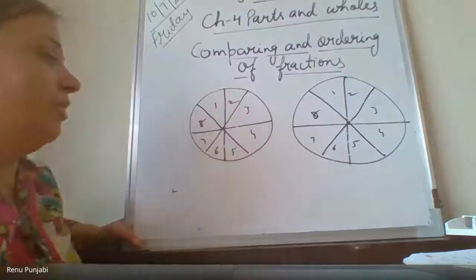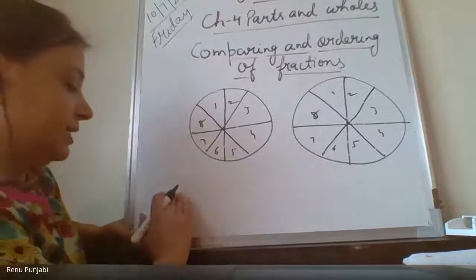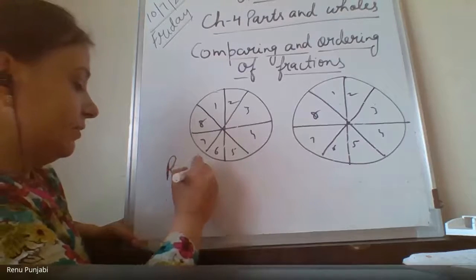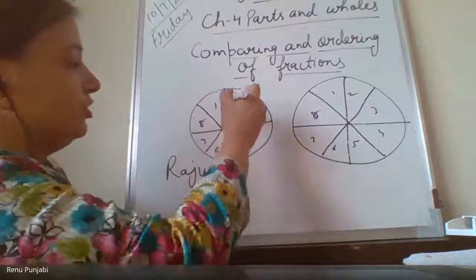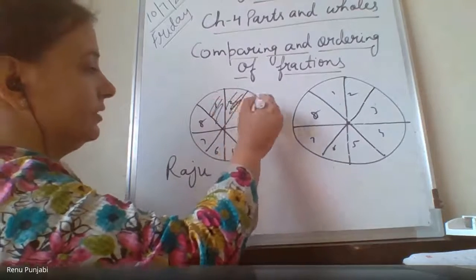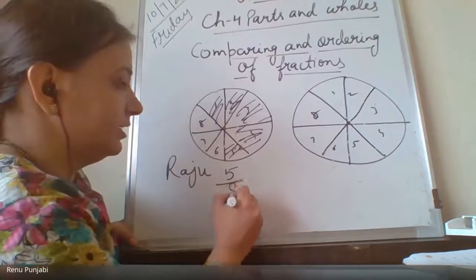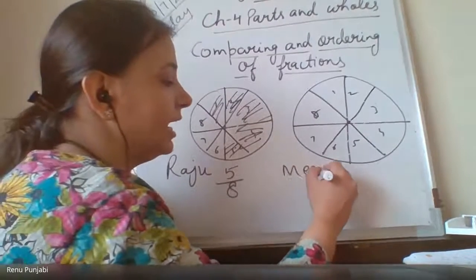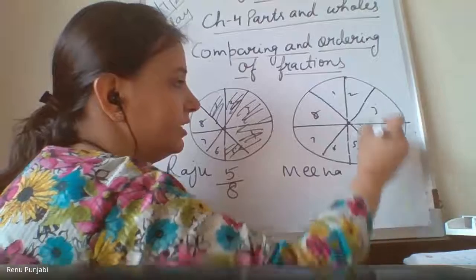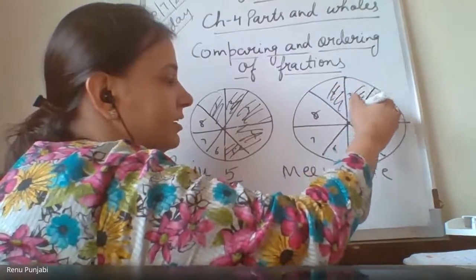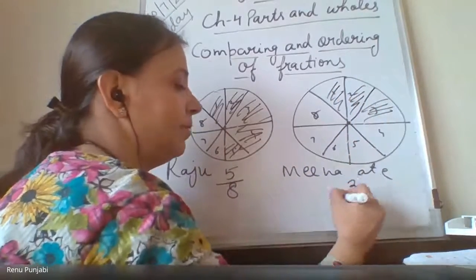Out of these pizzas, one person, Raju, ate 5/8 and Meena ate 3/8.